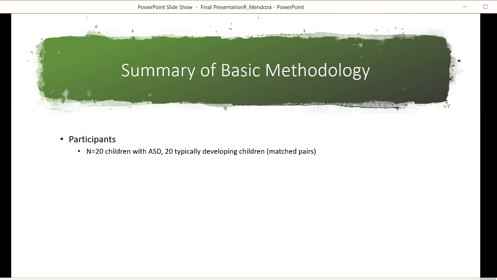For the ADOS, the average scores were 8.2 social scale score and 3.6 communication scale score. This is important in that, just at face value, these children with ASD seem to be rather high functioning compared to most of the children that I have worked with in my experience.